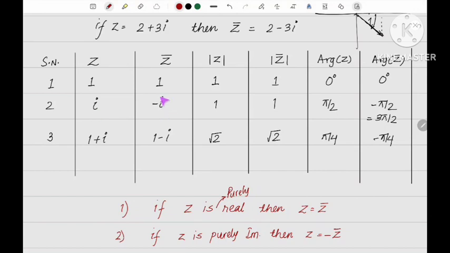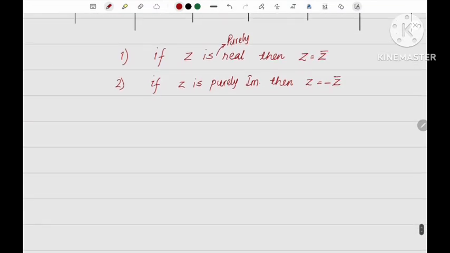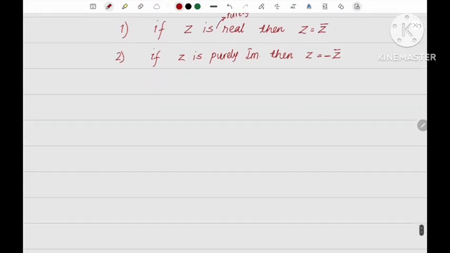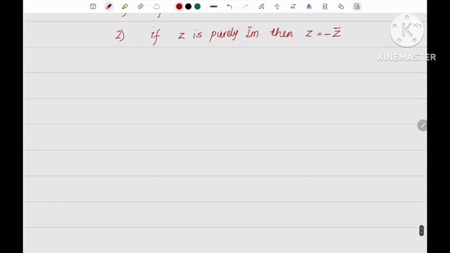So if I take the conjugate of it, that is minus i, and I multiply it by a negative sign, I will get the complex number itself. So take the conjugate, multiply it by a negative sign, then you will get the complex number itself if z is purely imaginary. So this is a brief about the conjugate of a complex number. We will see more about it.